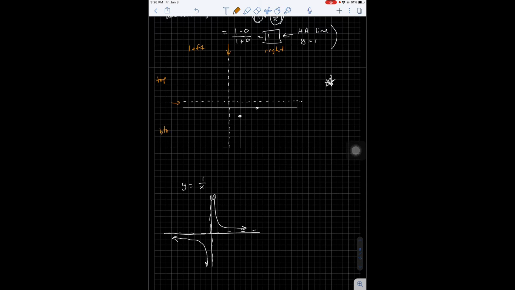So what these dotted lines have done is divide us into 4 quadrants. Ignore the x and y axis. Here are the quadrants: here, here, here, and here. And your question is, what sections are the swooshy things in?